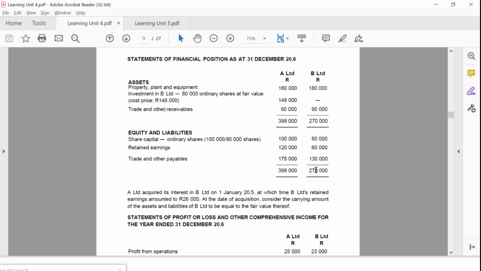So if I pass a journal entry to say debit bank 50,000 and credit purchases 50,000, and this is a transaction between me, a parent company, and my subsidiary, I need to reverse this transaction.